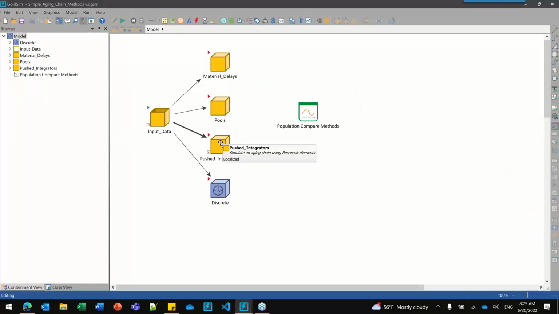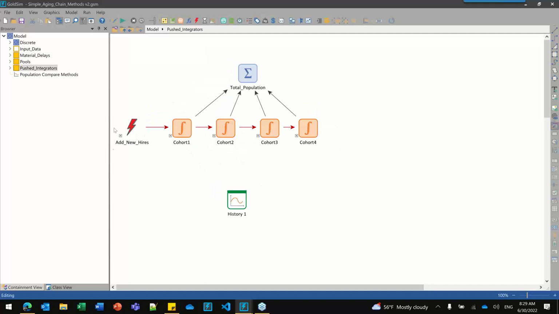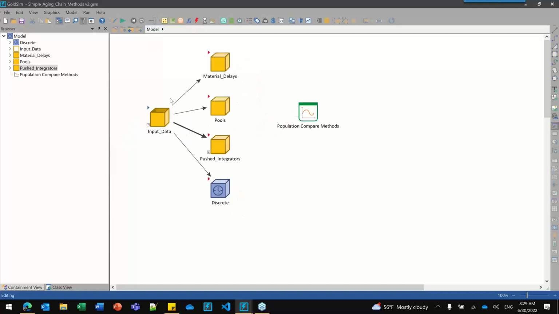Okay, so this model shows 4 different methods, and the one that we just talked about was this one called pushed integrators. If I go into that container, here we are. It's a little bit different example, different names, but it's doing exactly the same thing. But now we have these other 3.